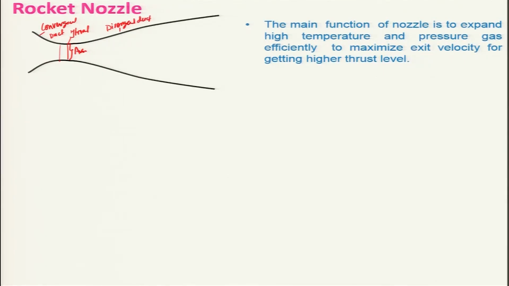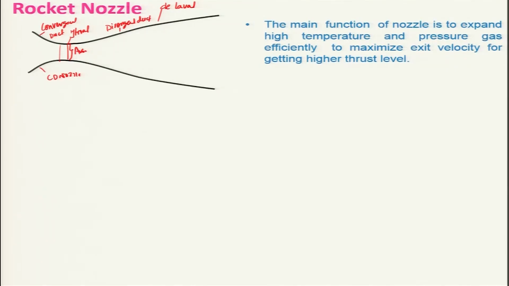duct. This kind of nozzle is a CD nozzle, and it is also known as the de Laval nozzle, or most of the time simply Laval nozzle, who was instrumental in designing this convergent divergent nozzle in 1888 for a steam turbine.